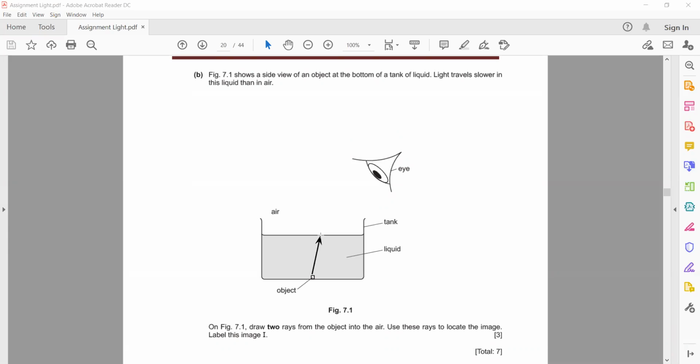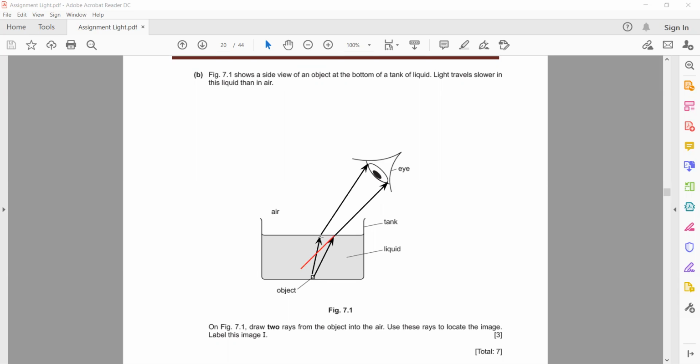So when the light travels from liquid to air, it will bend away from the normal. So the two light rays which are coming out bend away from the normal. What our brain senses is that the light is coming straight from the object.